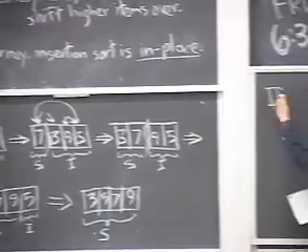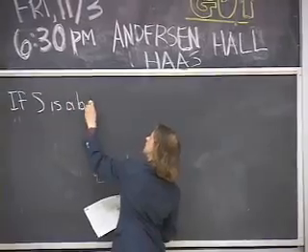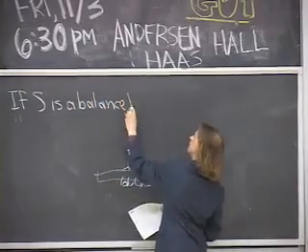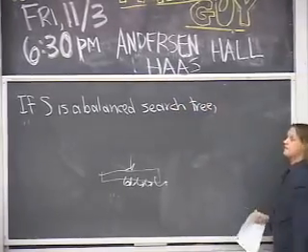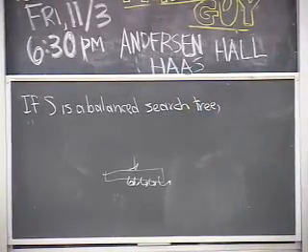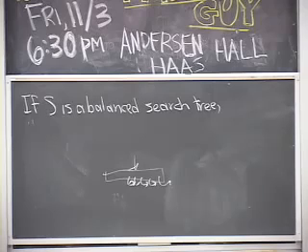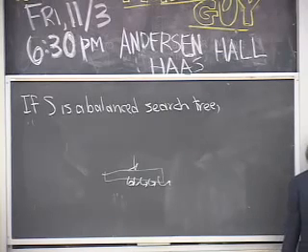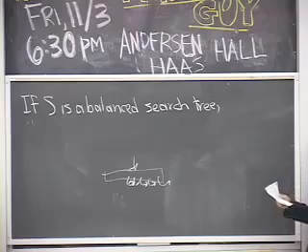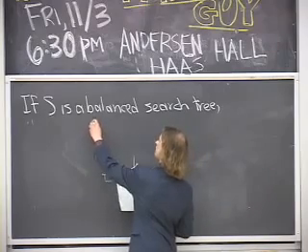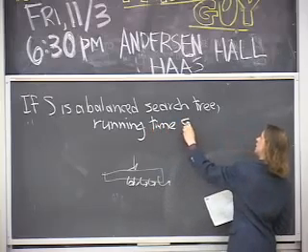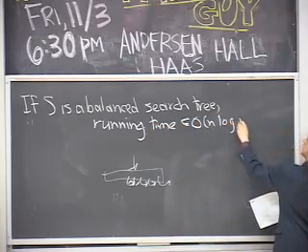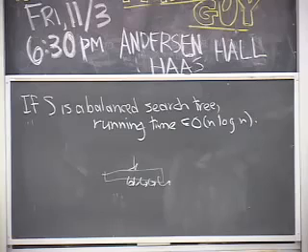If S is a balanced search tree, well, we can find an item in log n time, and we can insert an item in log n time. So we can go process all n items in n log n time. And so that's our first algorithm that's guaranteed to run in n log n time.